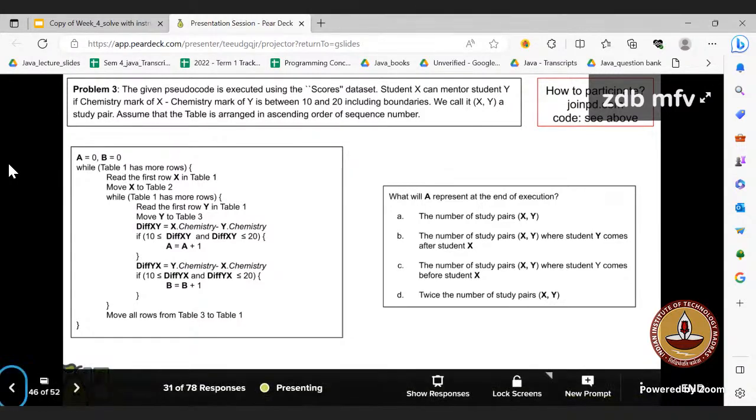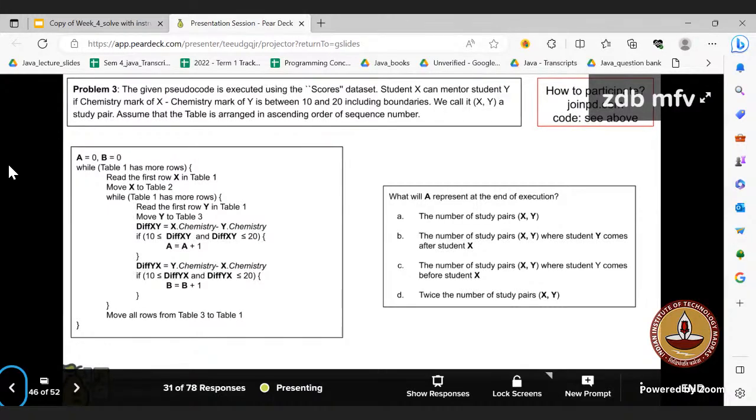Yes, ma'am. So ma'am, Y comes before X. What, y comes before x? Ma'am, they are ascending in 20 and 30, and we are subtracting Y minus X. No, I'm saying x is 30 and y is 20.